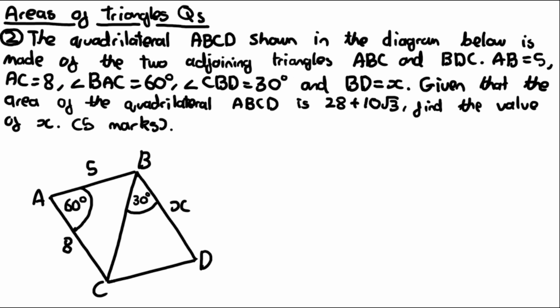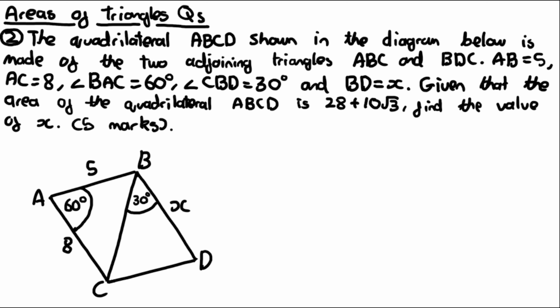So for question 2, we're given 2 triangles that are joined together in order to make a quadrilateral, and we're given the total area of this shape, 28 plus 10 root 3, and we need to find x. So the logical step is to find the area of both of the triangles, and this will be equal to this.